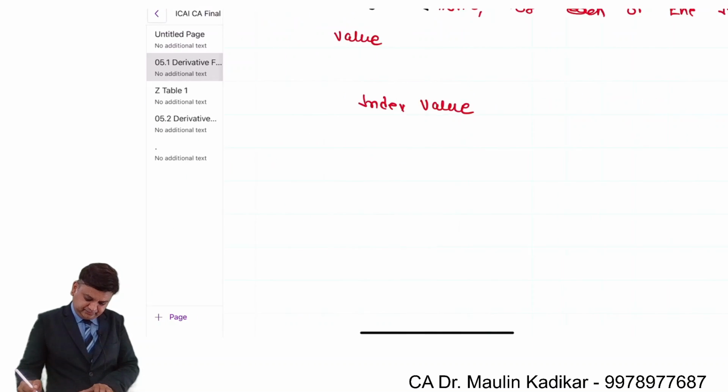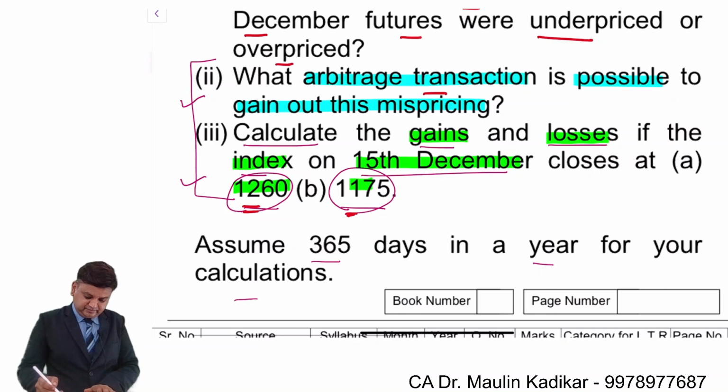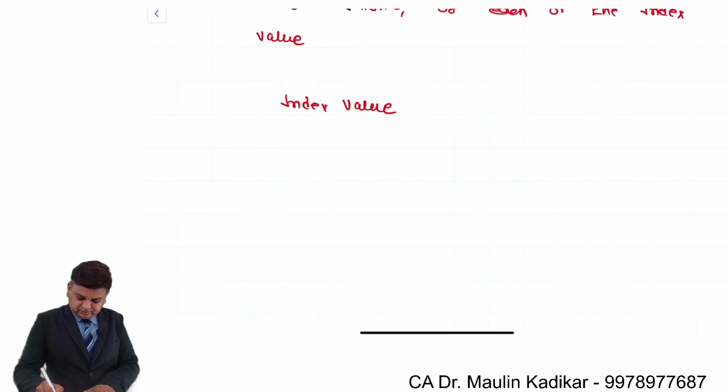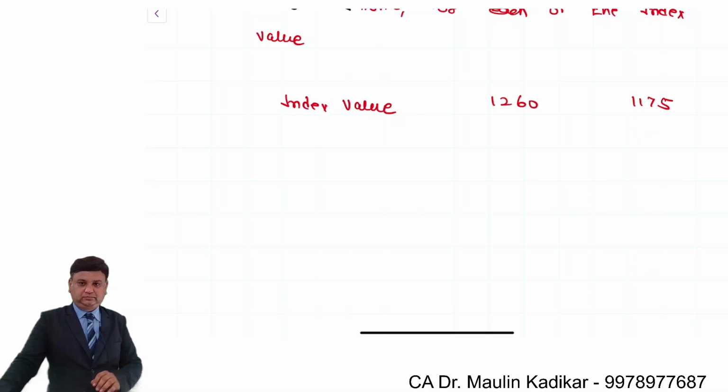Index value 1260, 1175. That is a way two index values in the write down.